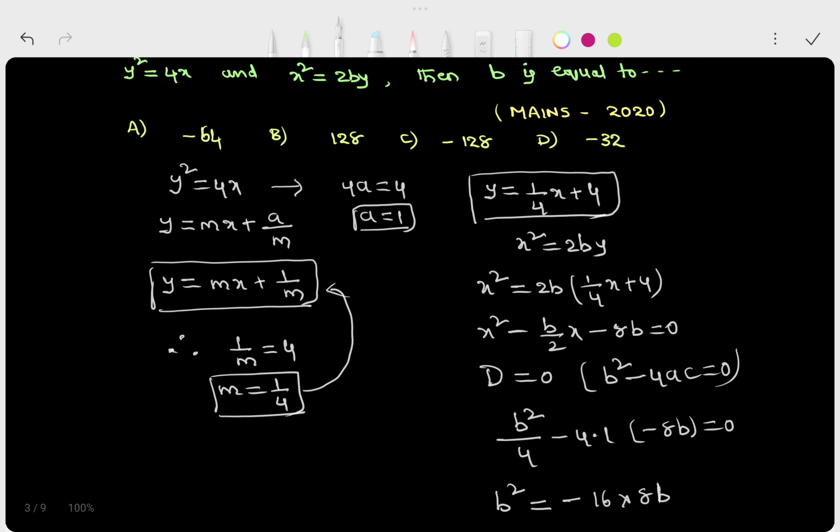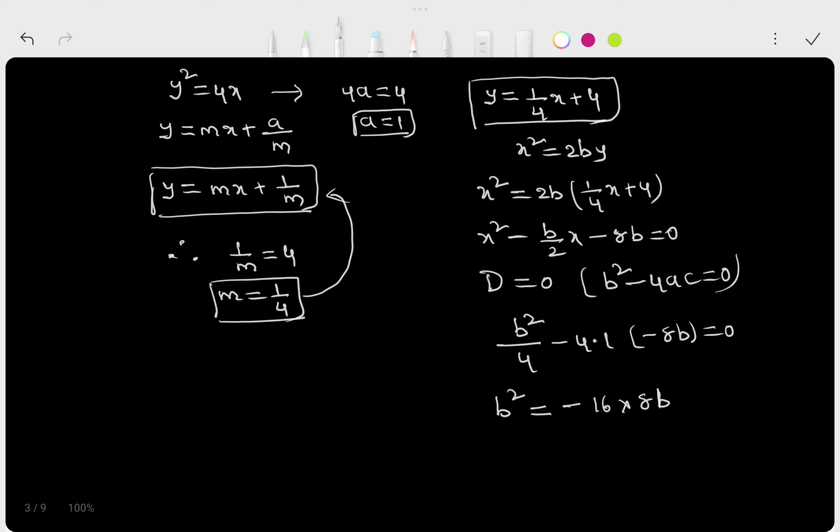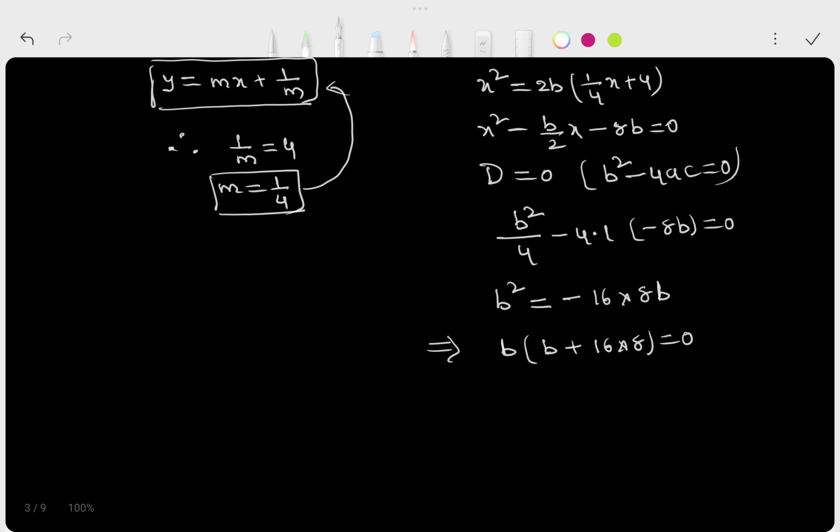If b is not equal to 0, take b as common, then this value will be b plus 16 into 8. 16 eights are 128. So b into b plus 128.